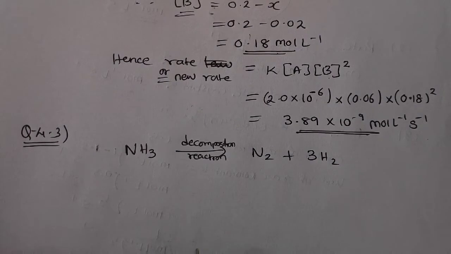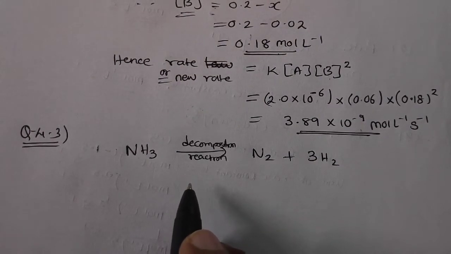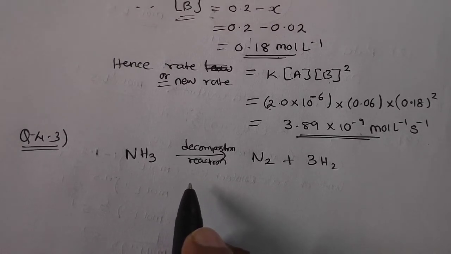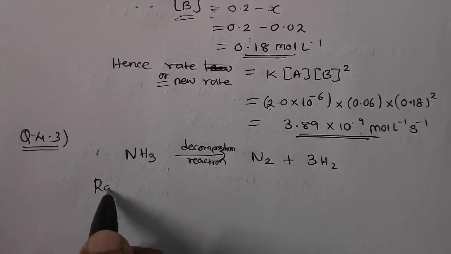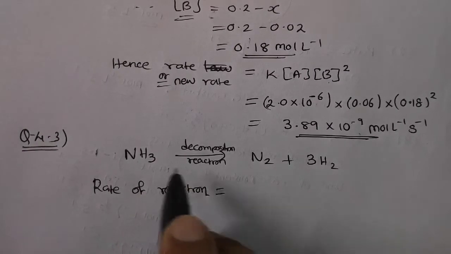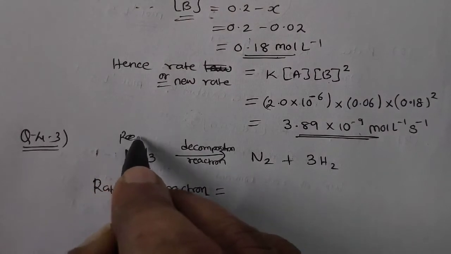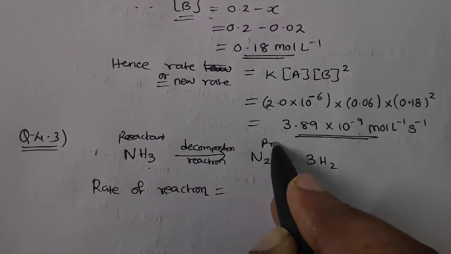So now I want to give the rate, because in the question it is given that the decomposition of ammonia is zero order, and we need the rates of production of N2 and H2. So if I write the rate of reaction, this is the reactant part and this is the product part.